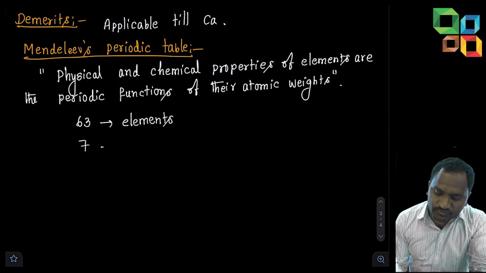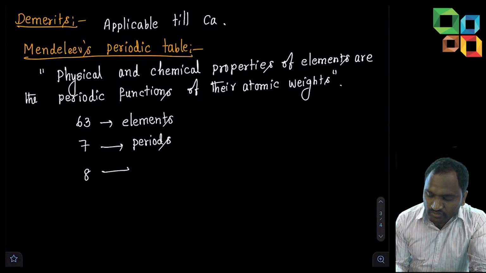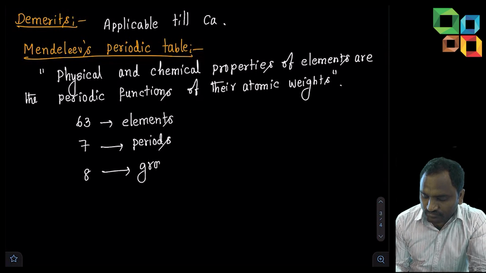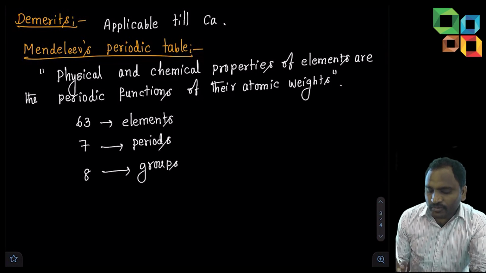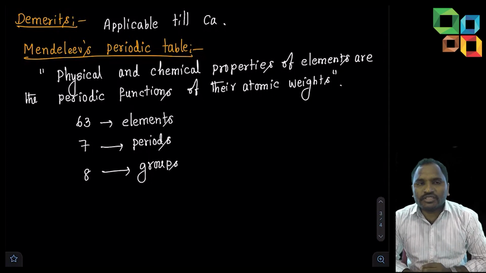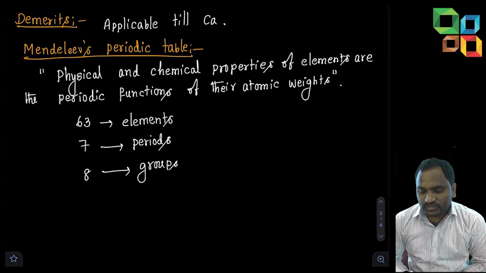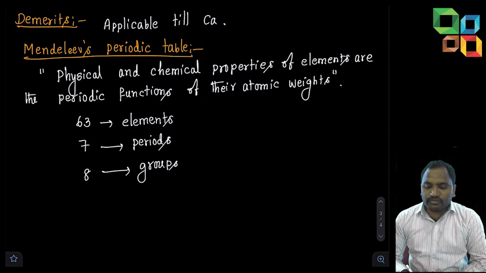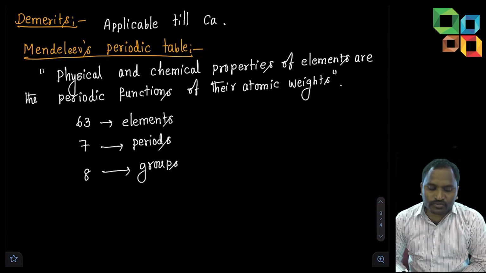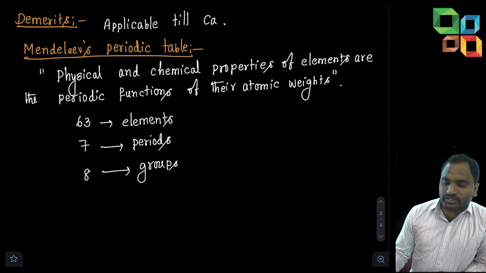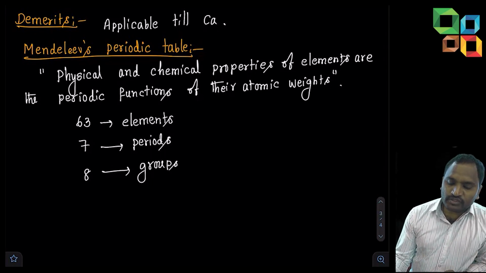This table consists of 7 periods and 8 groups mainly. He divided groups into A and B, like 1A, 1B, 2A, 2B, so the main groups are 8 only. There are 7 periods and 8 groups.